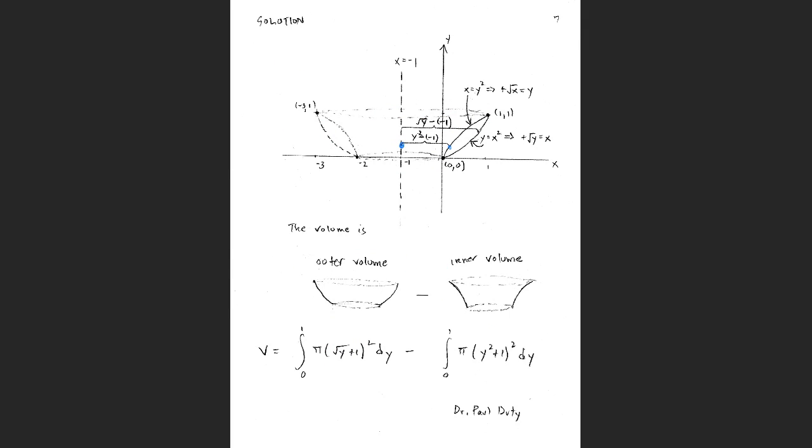Okay, so for the inner volume, which looks kind of like a vase, I don't know, a dish in that form. I mean the inner volume would be, if I can shade that in red, this is the inner volume.